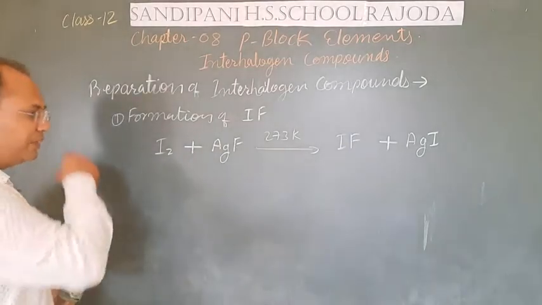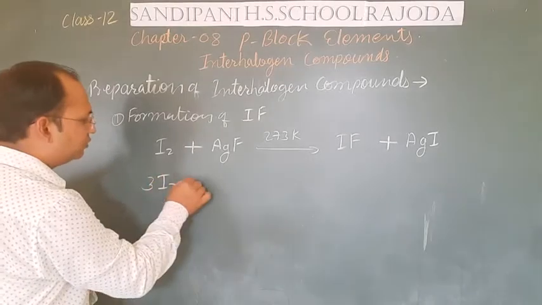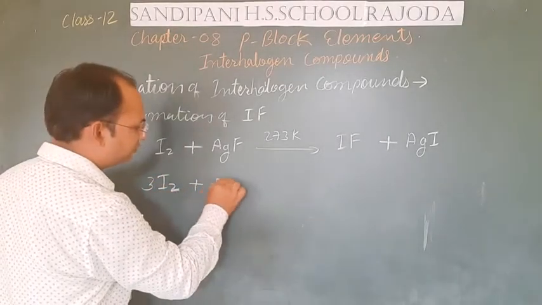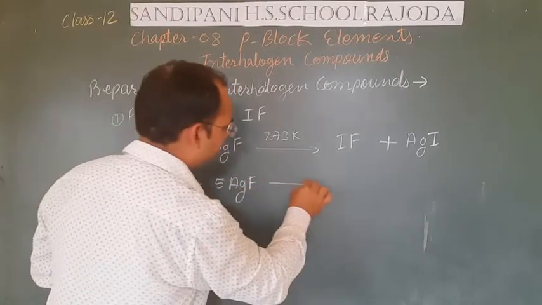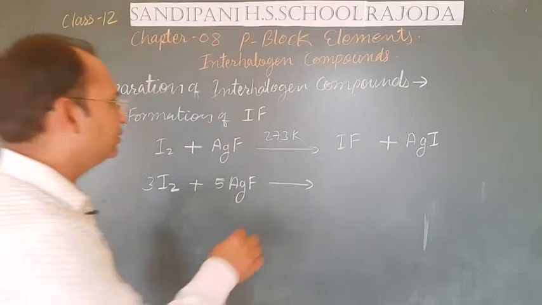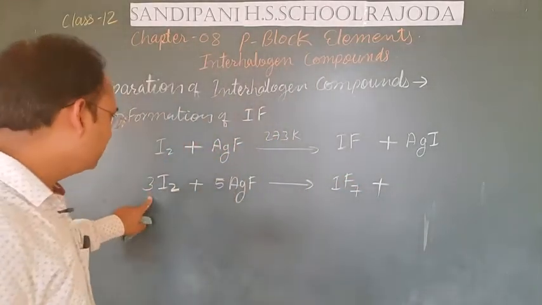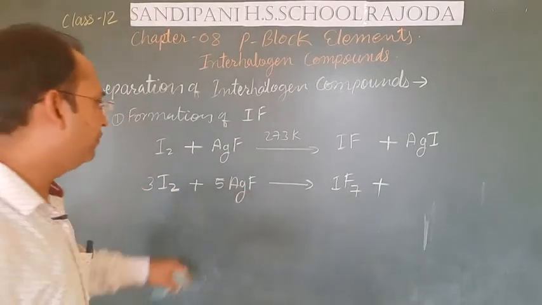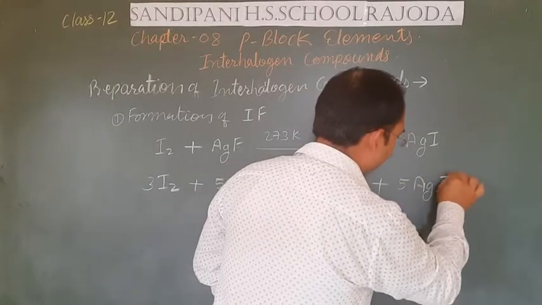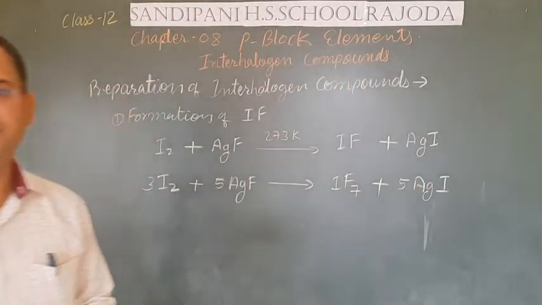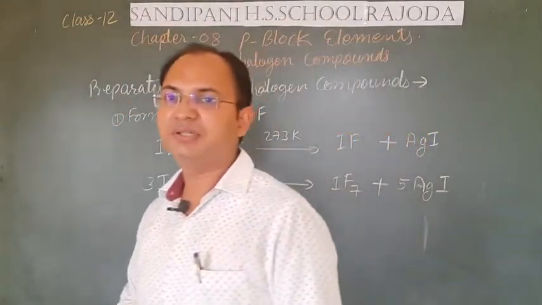Here 3 molecules of I2 react with 5 molecules of AgF, silver fluoride, and IF5 and 5 molecules of silver iodide are formed. So these are the major methods of preparation of interhalogen compounds.